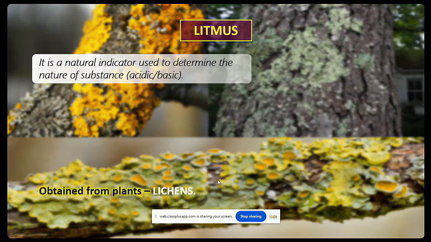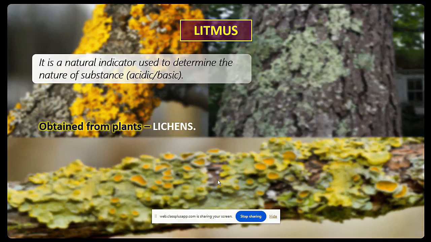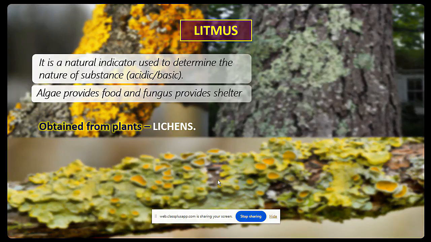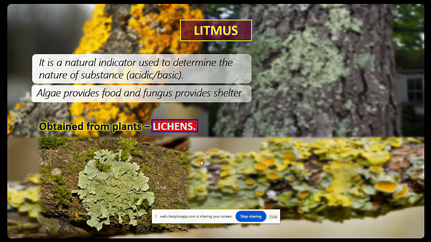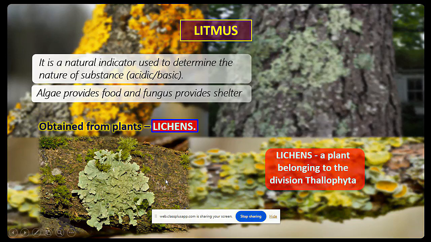It is obtained from plants like lichens, where algae provides food and fungus provides shelter to them. What is lichen? This is a plant which belongs to the division Thallophyta.